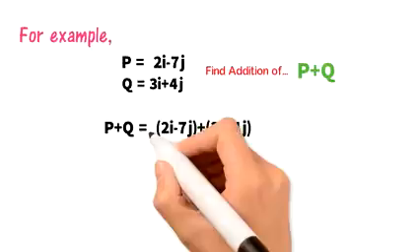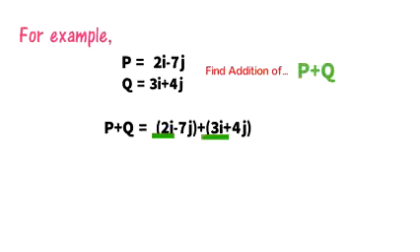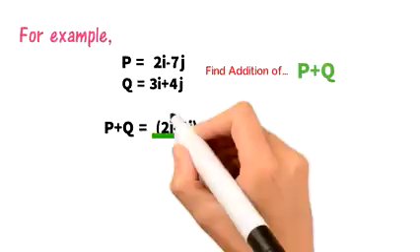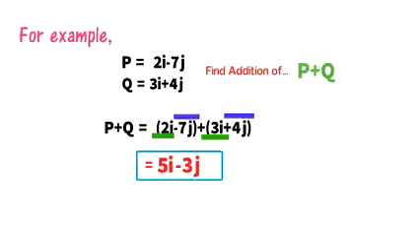Here the x part will be added with the x part, where i is the unit vector in the x direction, and j is the unit vector in the y direction. So x part is added with x part and y part is added with y part. Adding the x part, 2 plus 3, I get 5, and its unit vector is i. Then minus 7 plus 4, I get minus 3, and its unit vector is j. So this is the addition of P plus Q.